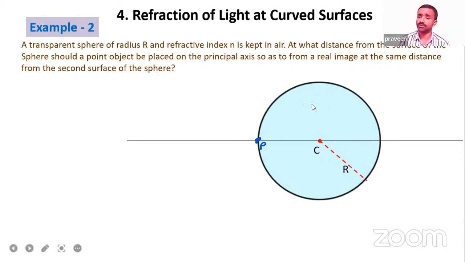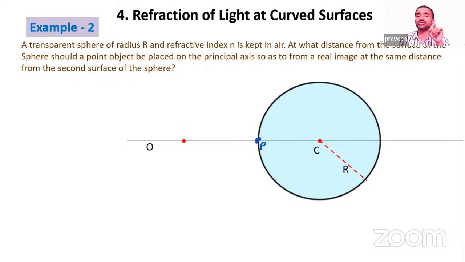Now go to your question once again. The radius of curvature of the sphere is r and its refractive index is n. Then the object is placed at a certain distance. Do you know that distance? No. So imagine a point-size object kept at a certain distance from the pole.